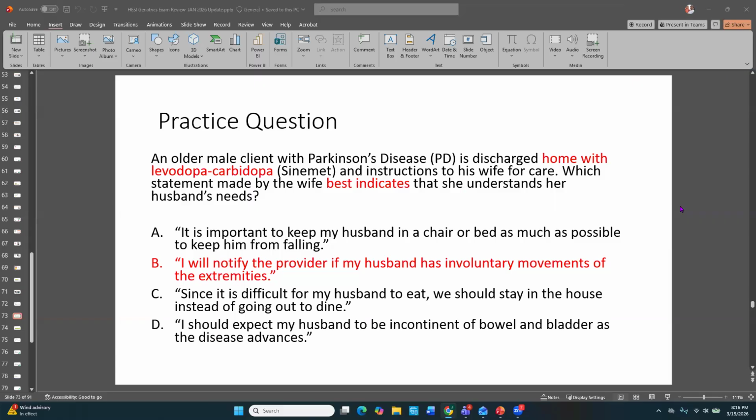What does that mean? If the patient with Parkinson's disease is going home on medications, the involuntary movements, the tremors, they need to notify the provider.